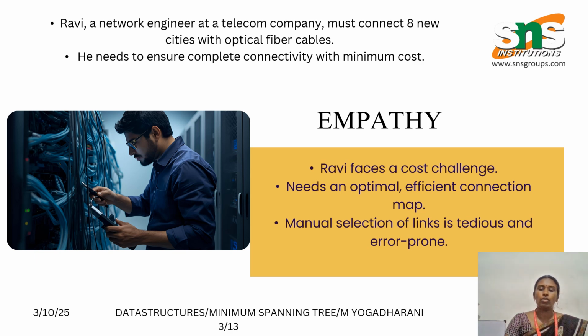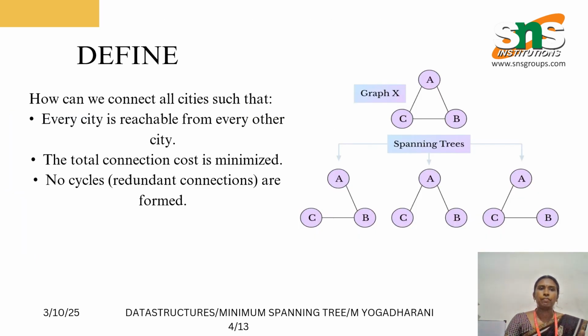So next I move on to the define part. Here is our core problem definition. Ravi wants to connect all the nodes or cities in such a way that the total cost is the smallest possible, and there are no loops or redundant paths. This gives us the three pillars of MST.